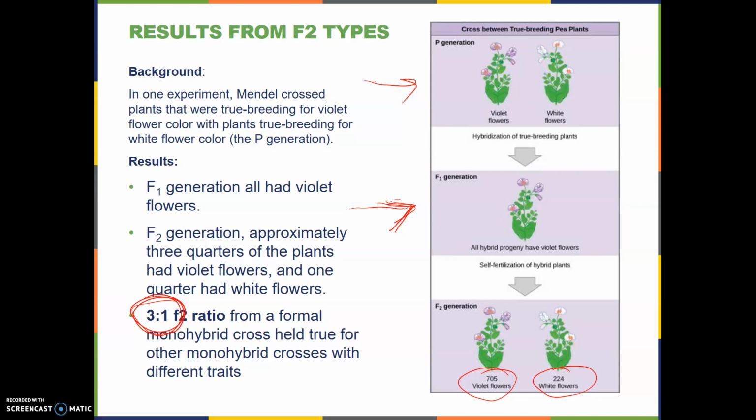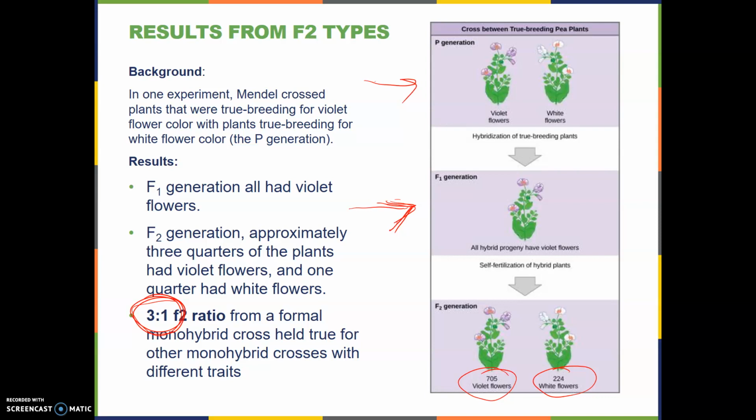And if you think about why it's not perfect, it's because this 3-to-1 ratio is a prediction. It is predicted that you're going to get 1 white flower for every 3 violet flowers. And the reason that his numbers were so close to that prediction is because he planted so many garden peas, because he got so many offspring.